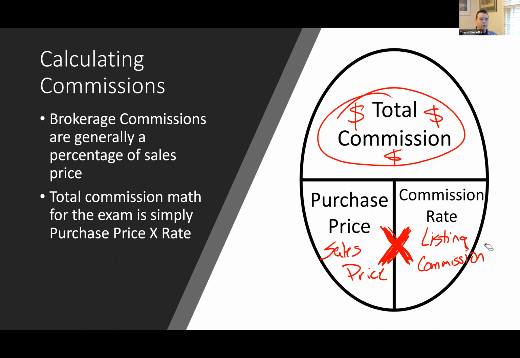But for our math purposes in the class, and for the vast majority of transactions you're actually going to work with in the real world, we're almost always going to be talking about commissions being paid from the seller to the listing firm. So we're talking about the listing commission. And then the commission may get split up from there, but it's almost always how much the listing firm is being compensated by the seller.